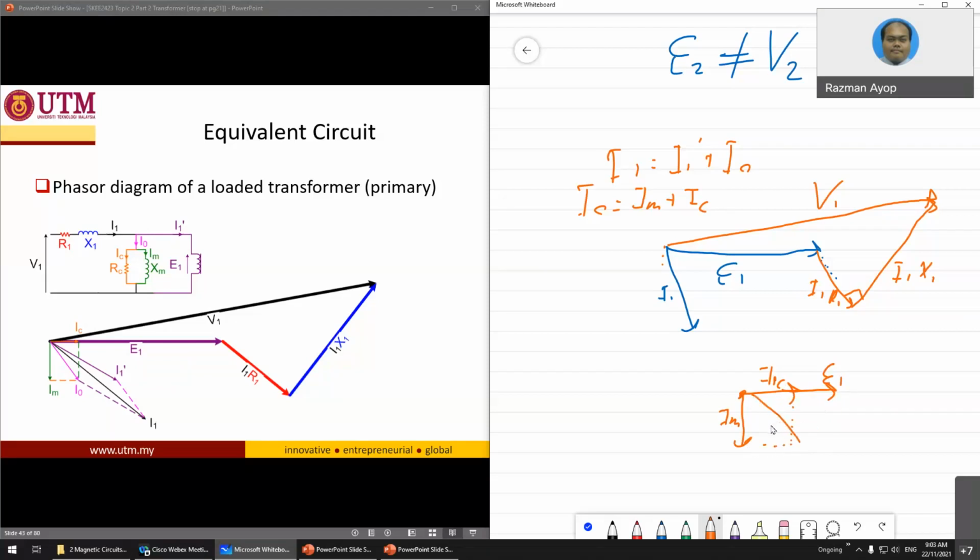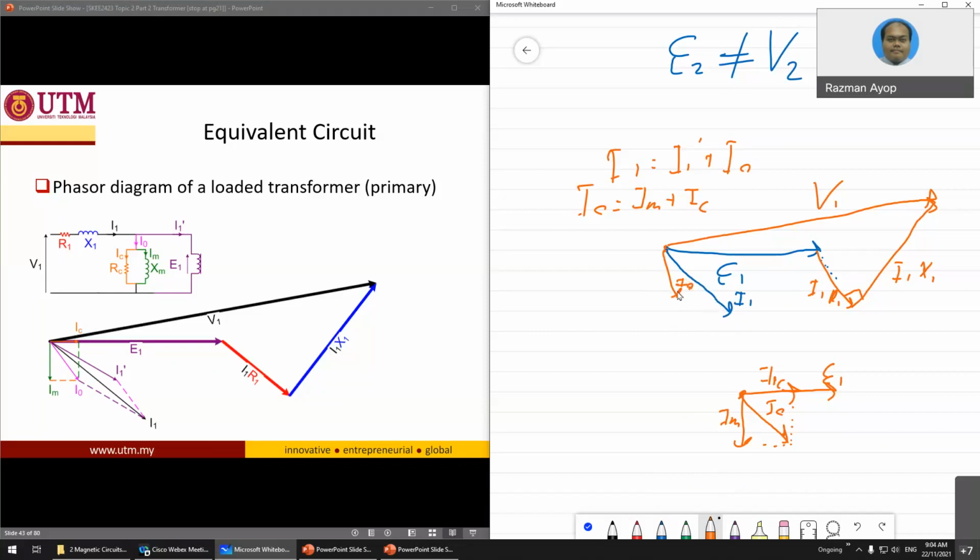You have I naught something like here. For this case, maybe I have to redraw this. I naught. So you get the E1.